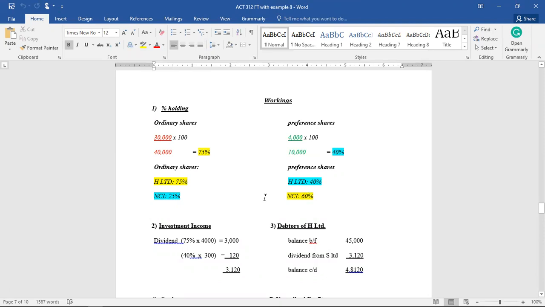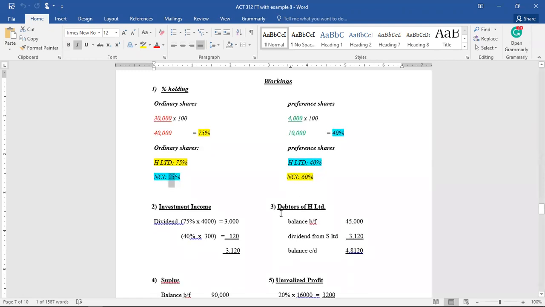These are the workings, and I think I even solved it on YouTube already. But ordinary shares have to be calculated. So for the ordinary share capital, the parent has 75, subsidiary has 25, preference share parent has 40, subsidiary has what? 60. So have it there like that.